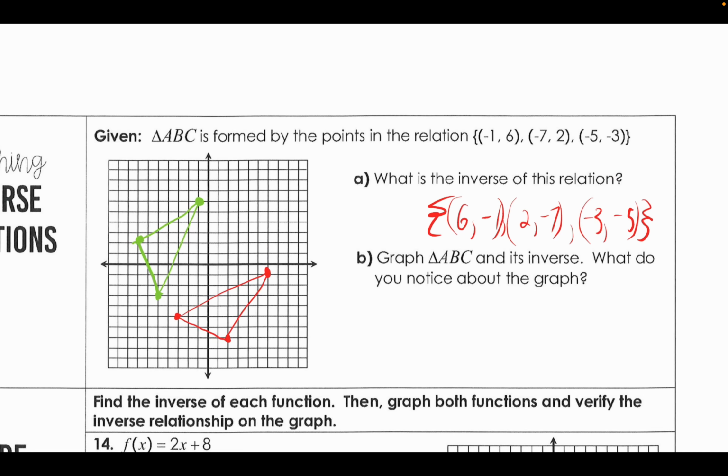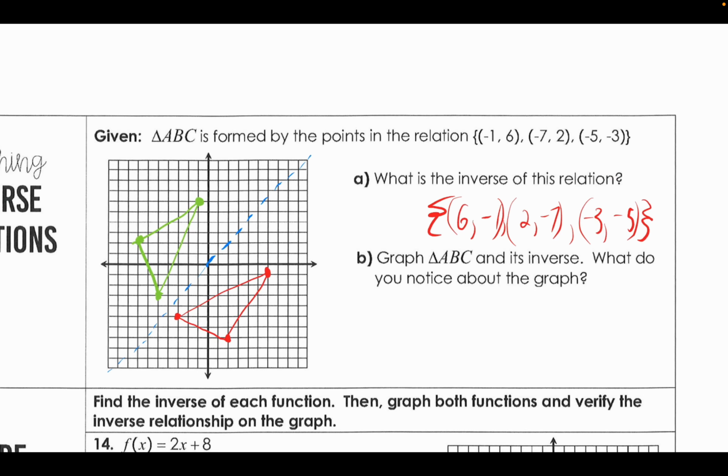Oh, okay. What do we notice about the graph? Well, what happens is if we draw this dashed line y equals x, just a dashed line going through all of these middle points, it starts at the origin and goes up 1 over 1 with the slope of 1, or down 1, left 1 with the slope of 1. It reflects it perfectly across those.